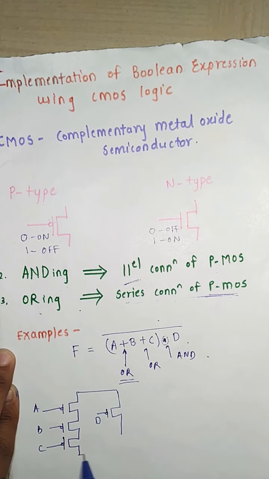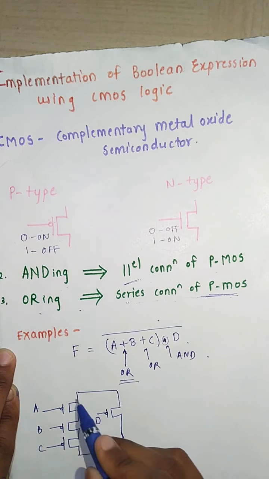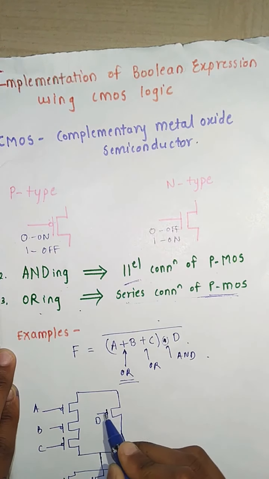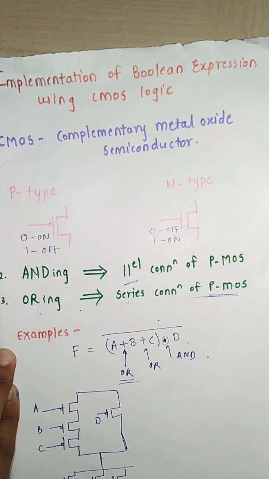So this is the circuit of the PMOS transistors, and we have to draw it for NMOS as well. For NMOS transistors there are exactly opposite connections. Here these 3 transistors are connected in series, so we have to take 3 NMOS connected in parallel, and this transistor is connected in parallel, so we have to take it in series.